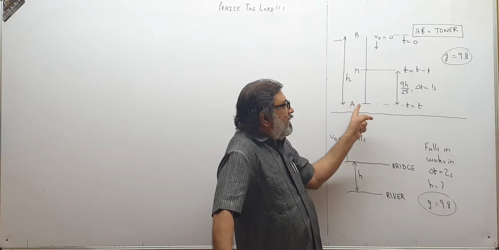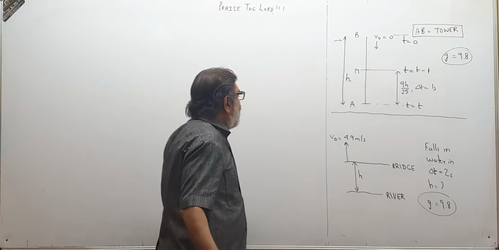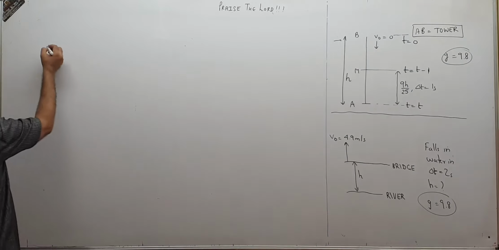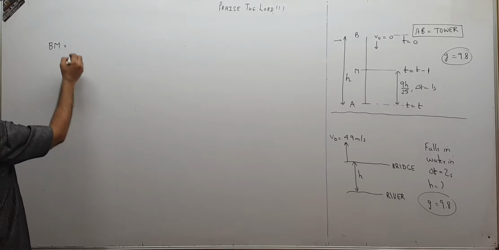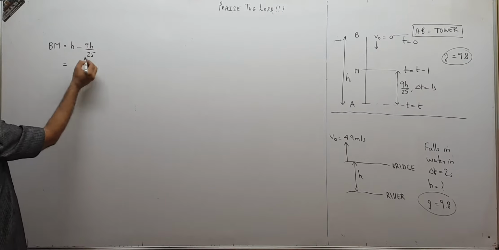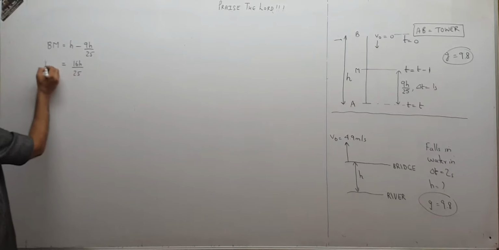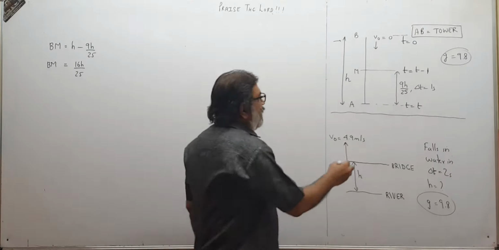Children, this is h height and this is 9h upon 25. How much will be BM distance? Let us solve. BM distance, the first height, that will be total minus 9h upon 25. 25 minus 9, that will be 16h upon 25. So BM distance from top to that point M is 16h upon 25.